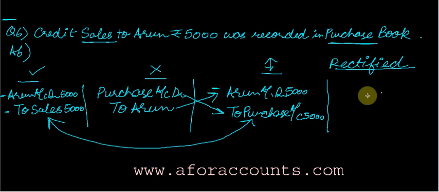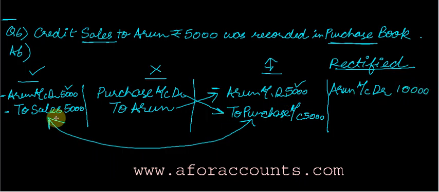So simply just pay attention here now. Arun by 5000 in debit and Arun by 5000 in debit. So Arun should be debited by 5000 plus 5000, 10,000. Arun account debit, this 5 plus this 5, 10,000.